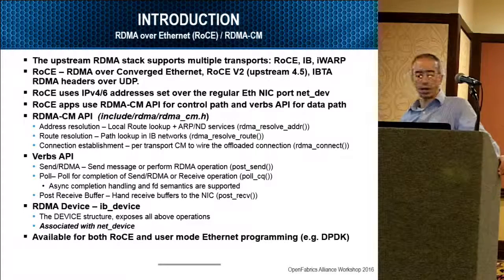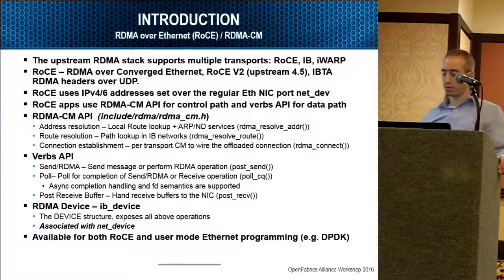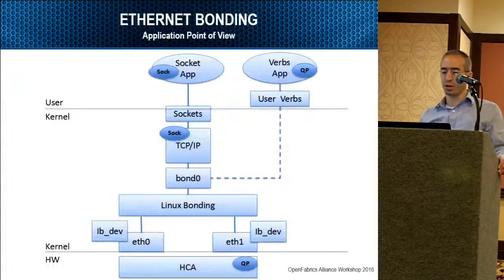When I'm saying Rocky, I would like also to mention that it also applies for user mode Ethernet. So with Verbs, where you have IB device, you can either do Rocky or you can do user mode Ethernet as you've seen yesterday. One example is DPDK, which uses the Verbs to implement the API.